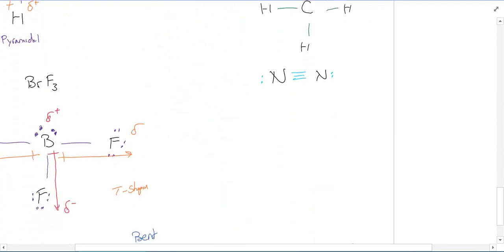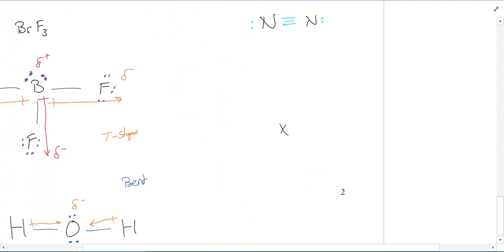What else? XeF4. XeF4, 4 fluorines. So what we got? We have 2, 4, 6, 8. Electron counts: 7 times 4 is 28 and 8 is 36. 2, 4, 6, 8, 10, 12, 14, 16, 18, 20, 22, 24, 26, 28, 30, 32, 34, 36.